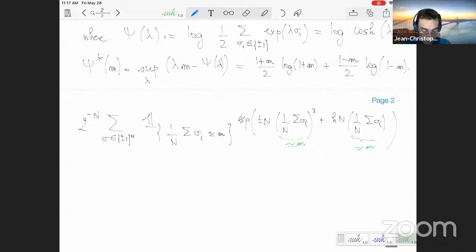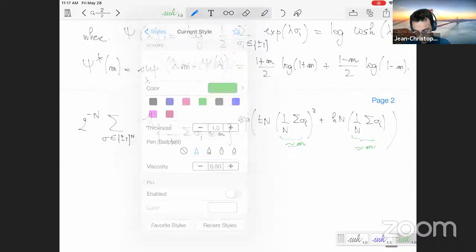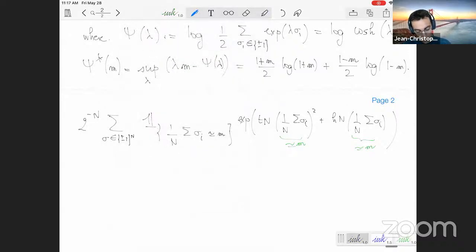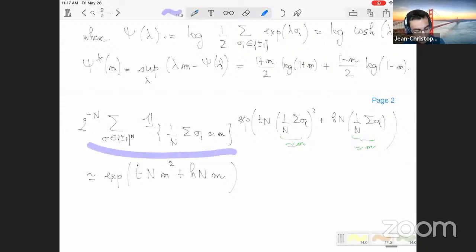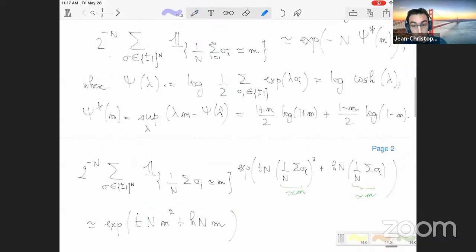So this exponential disappears, and what we infer is that this is approximately exponential of Tn m squared plus Hn m, times this remaining sum here, and this remaining sum we said behaves as displayed on the top of the slide, like here.